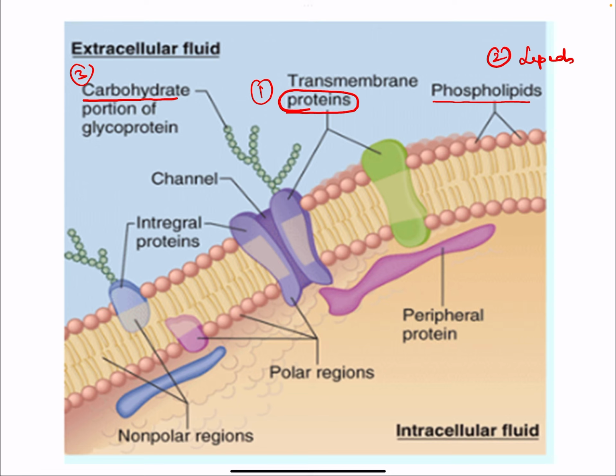So proteins, lipids, carbohydrates, and in this you can see the phospholipid. This round structure is called the head of this phospholipid, which is made up of the phosphate group, and these are the tail of this phospholipid.